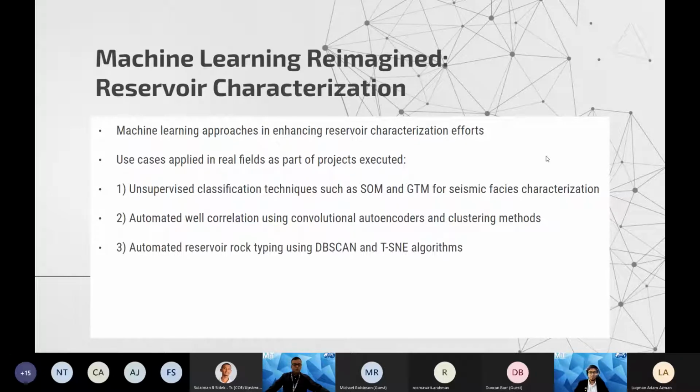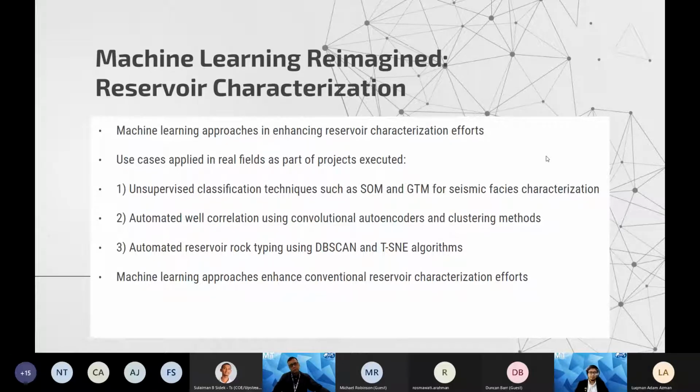The talk will cover 3 case studies, the first of which is a case study of using unsupervised classification techniques such as self-organizing maps and generative topographic maps to bring out seismic facies characterization. A case study on automated well correlation using convolutional autoencoders and clustering methods, as well as a case study on automated reservoir rock typing using the DBSCAN and t-SNE algorithms.